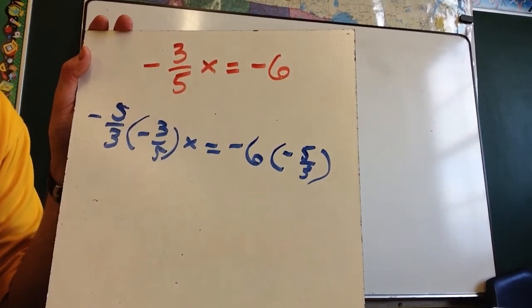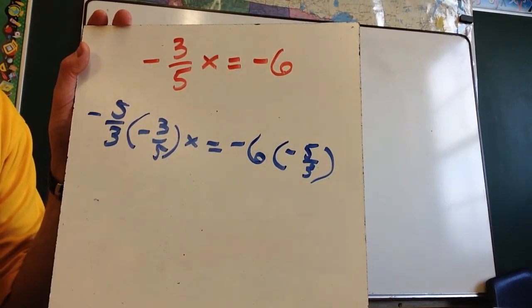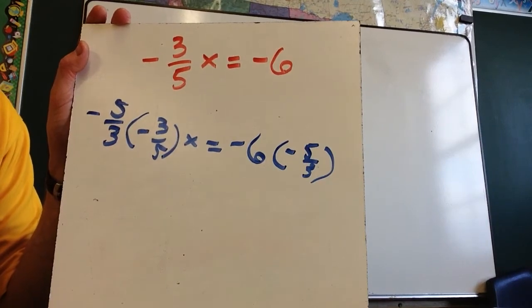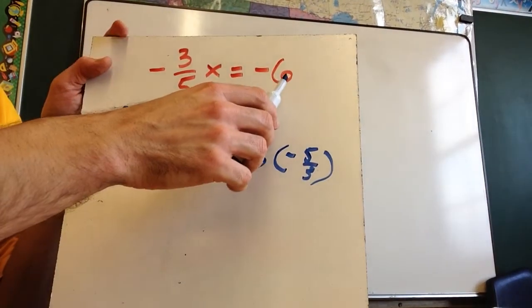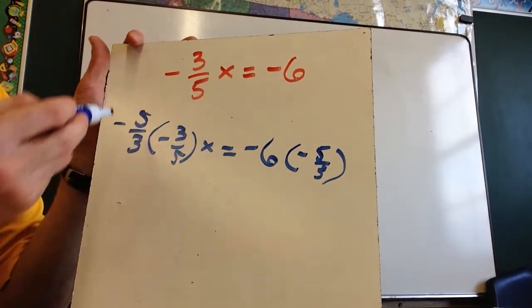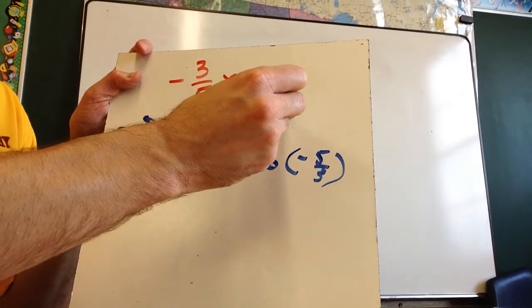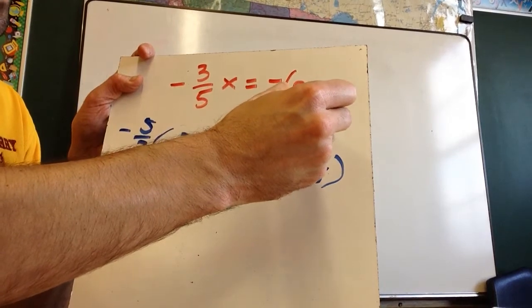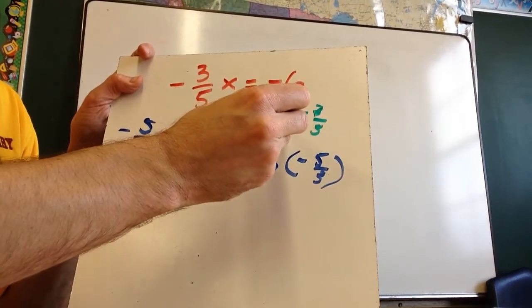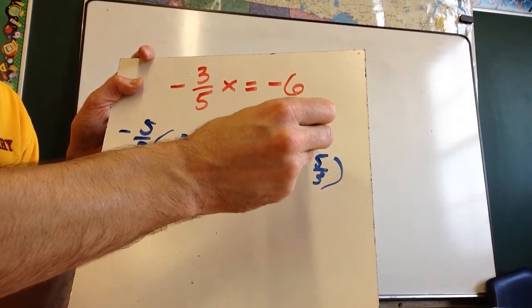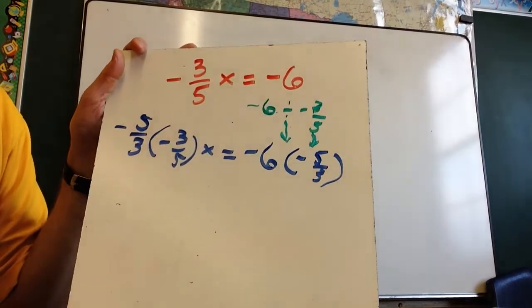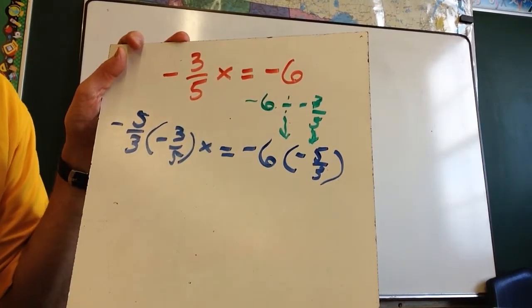And if you remember, when you divide fractions, what you really end up doing is, so if I wanted to do negative 6, let's write it over here, negative 6 divided by negative 3/5, what I would really do is change this to multiplication and flip this fraction, which is essentially what I'm doing. Okay, so you can kind of see it either way.